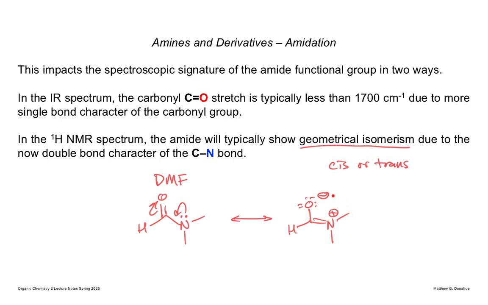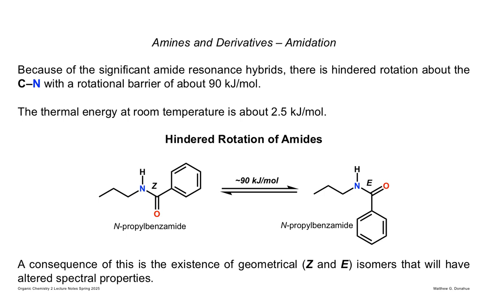So that methyl group is on the same side as that oxygen, and this one's on the same side as the hydrogen. In the NMR, what you do see is 3 signals in a ratio of 1 to 3 to 3. These methyl groups are their own singlets now, 2 separate singlets. And so this is an example of that isomerism, where now you have different groups.